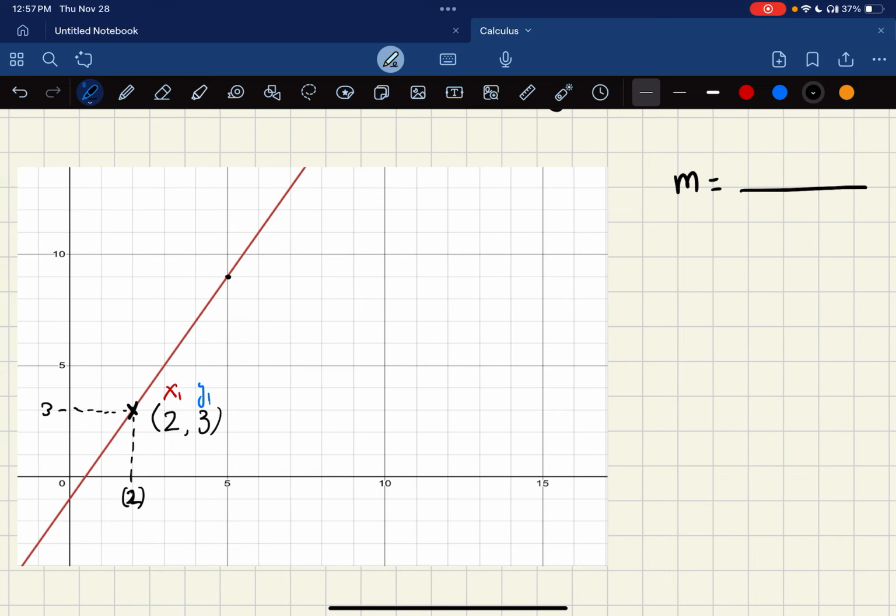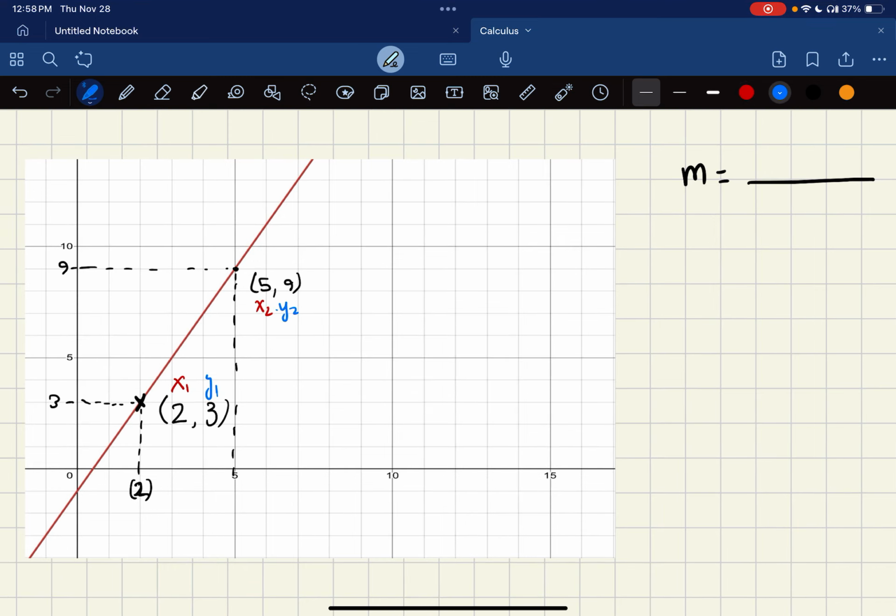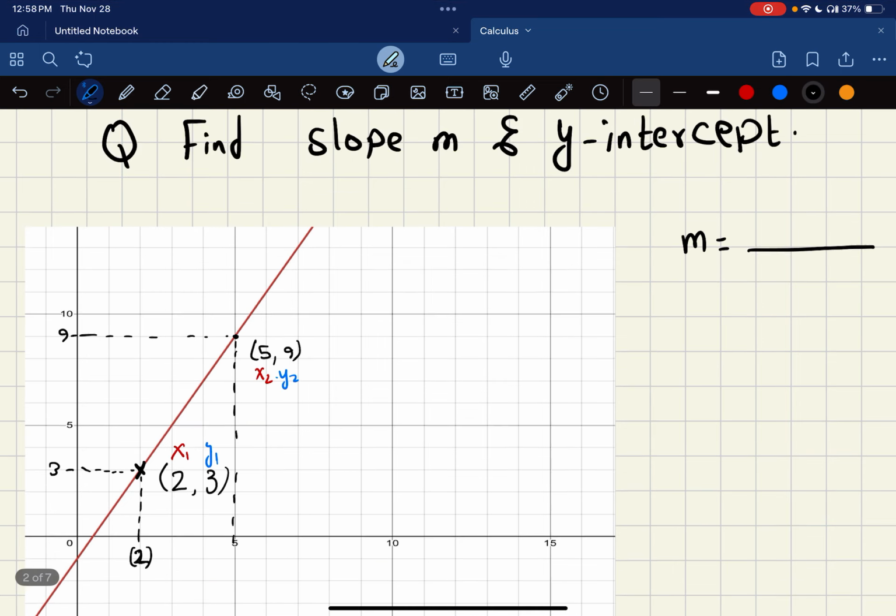Over here, the x coordinate is 5, and the y coordinate, as we can see, is going to be 9. That's just one step before 10, so that's 9. So this is now going to be called our x2 and y2.